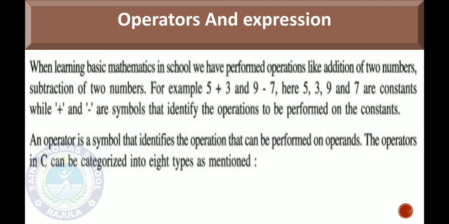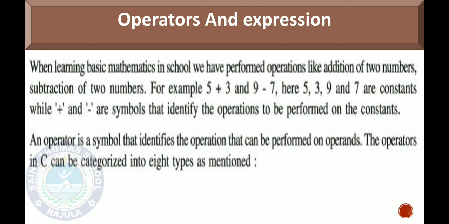Here 5 and 3 are known as the operands. Remember students, the values that you are giving are known as operands, and the symbol between them that you use to do the process is known as an operator. When working with operators, on both sides the operands will be there, and at the center the operator will be there.